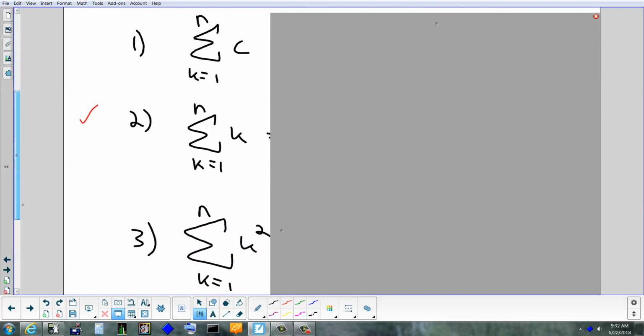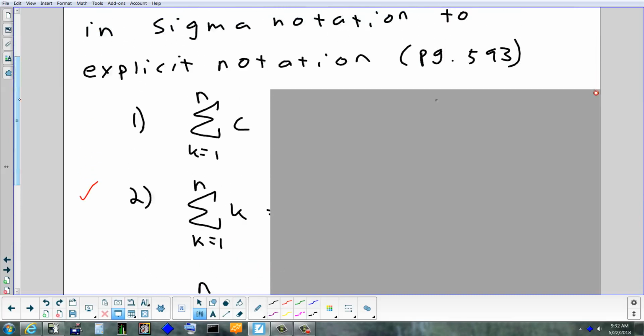The last one is adding up the first n perfect squares: 1 plus 4 plus 9 plus 16 plus 25 plus 36, and so on. But let's look at this first one. It's the sum from 1 to n of a constant.